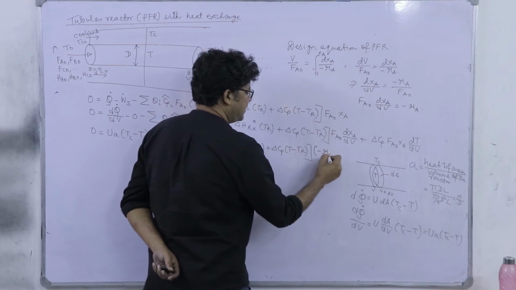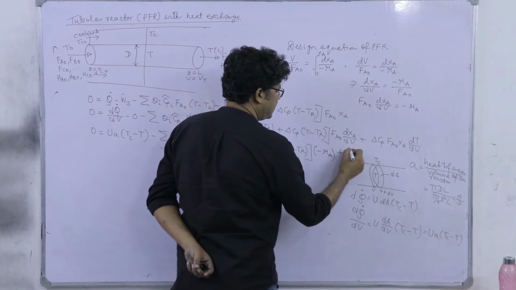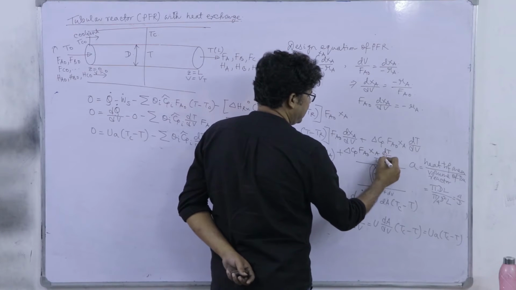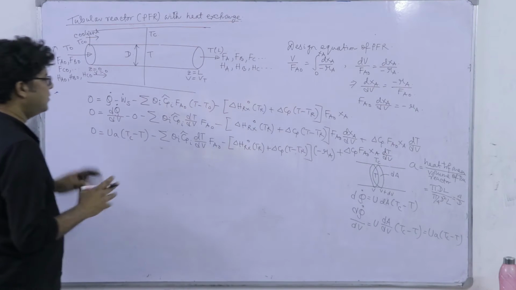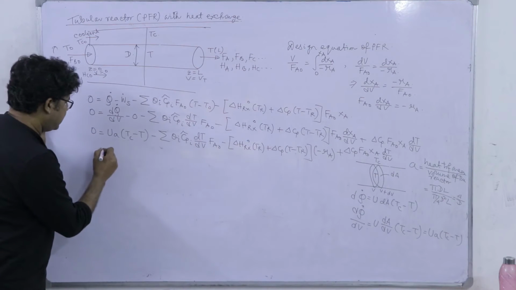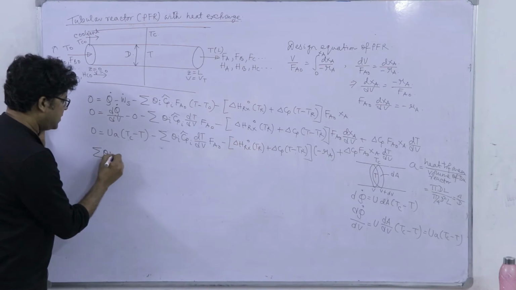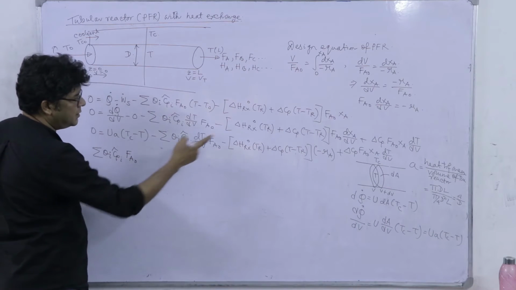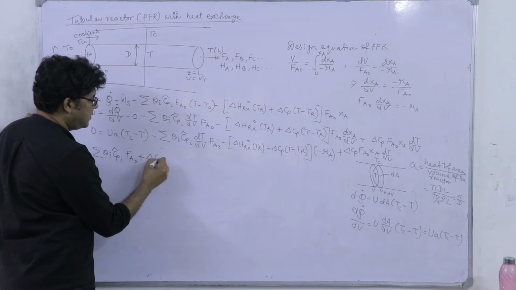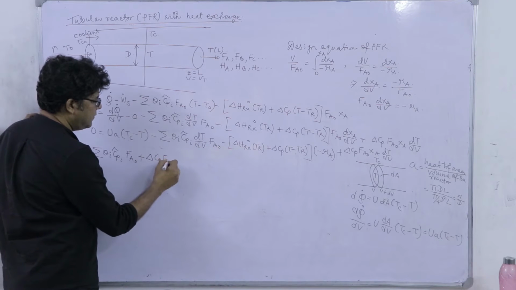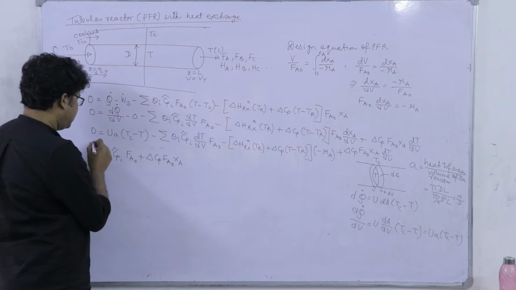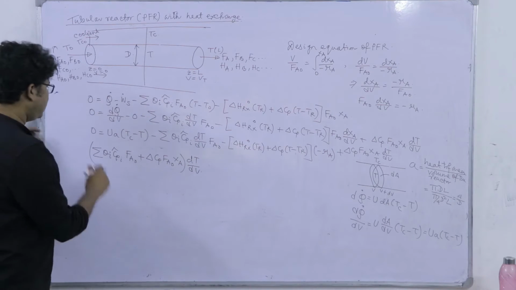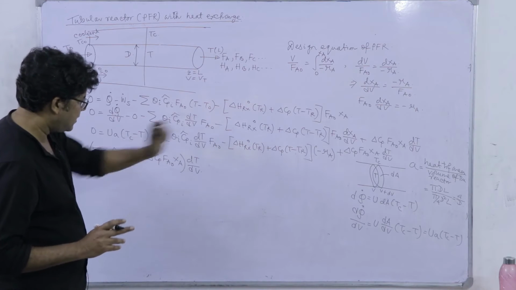So, this will be minus Ra, plus del Cp Fa naught Xa dT dV. So, you have now got an expression for dT dV. Obviously, it is the summation theta I Cp I into Fa naught, the first element, and the second is delta Cp into Fa naught into Xa, times dT dV, right.